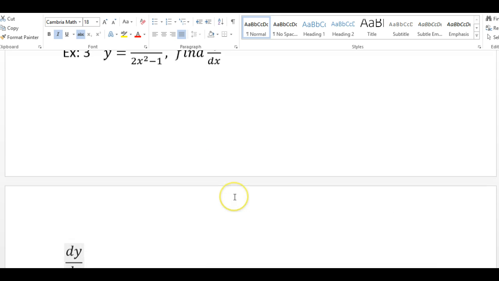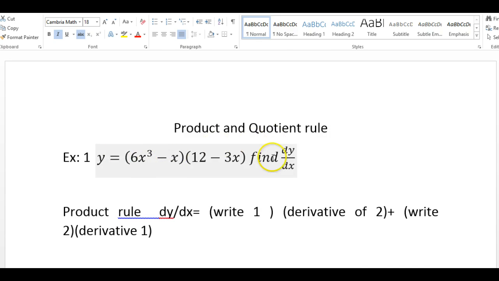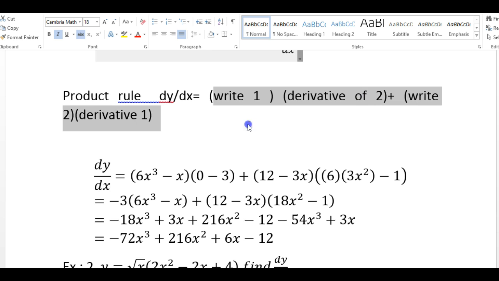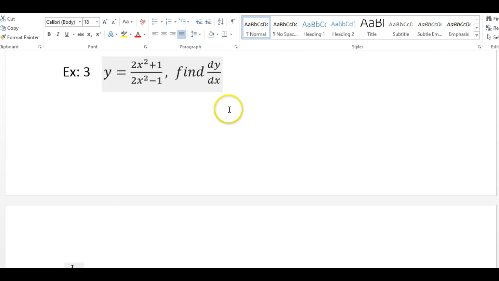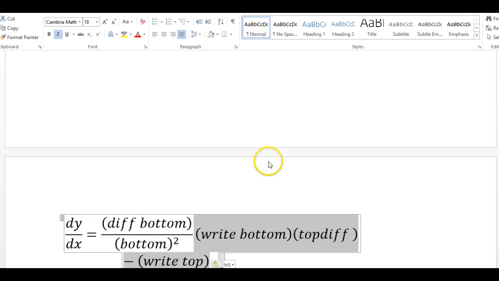So once again, in summary, when you have a product of two things, you use the rule write 1, derivative of 2, plus write 2, derivative of 1. When you have a quotient like this, you use the rule bottom times derivative of top minus top times derivative of bottom, divided by bottom squared.